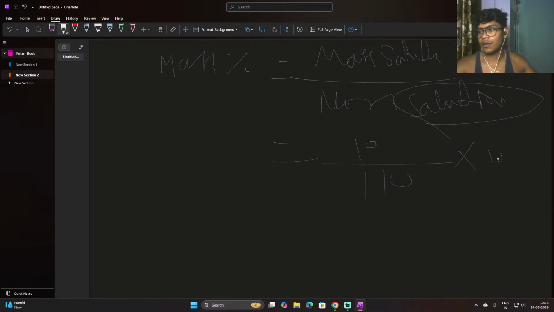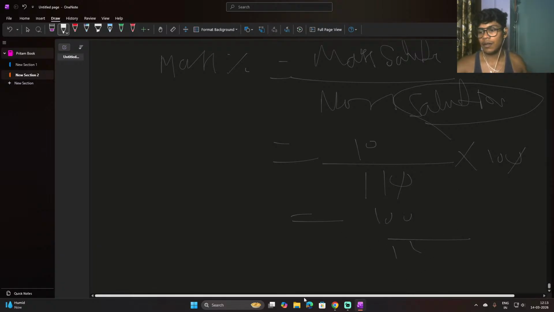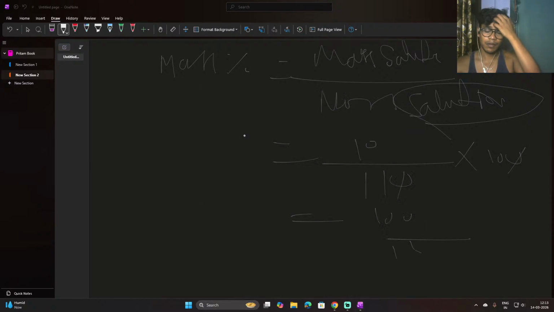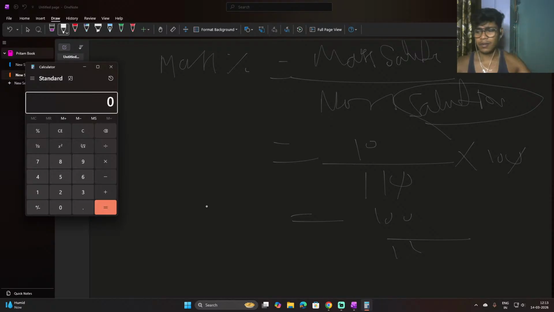Into 100. Let's cut that zero. Now we have 10 into 100 divided by 11. Now calculator. It will be around 0.11, I guess.